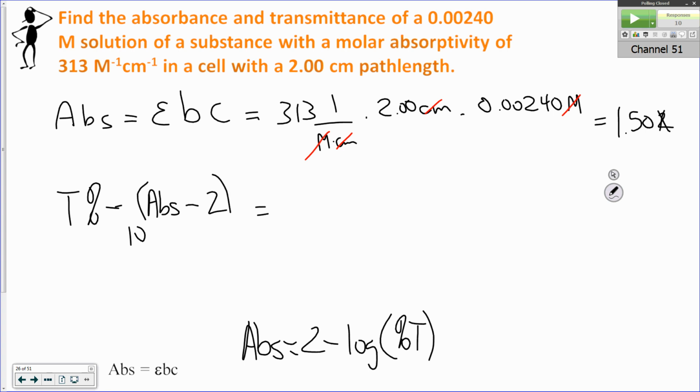Move the 2, it's a minus, it's a negative. Oh, I didn't lose my negative.